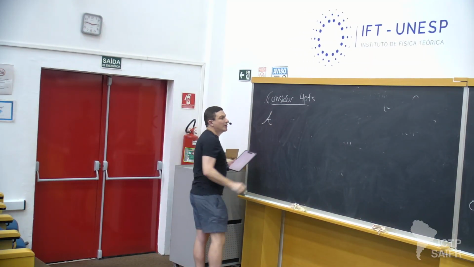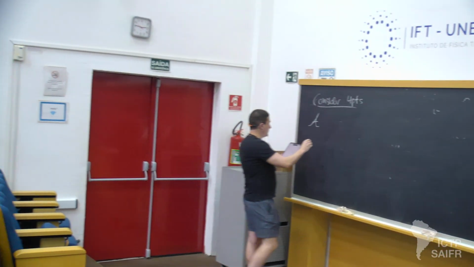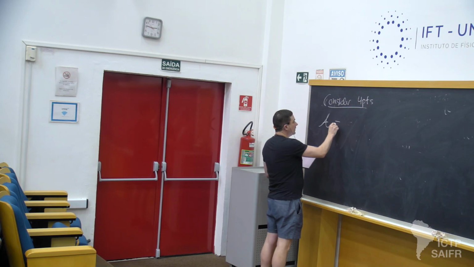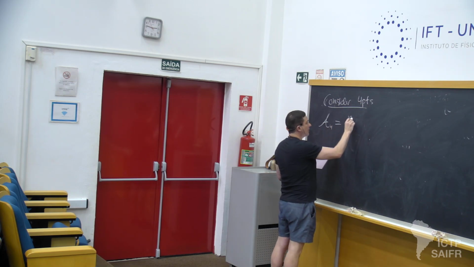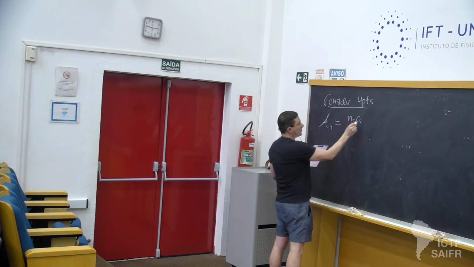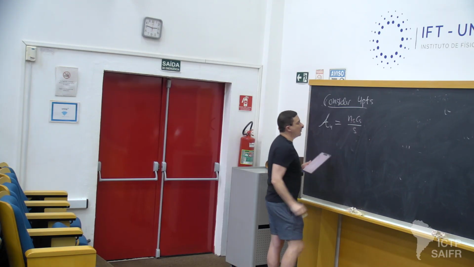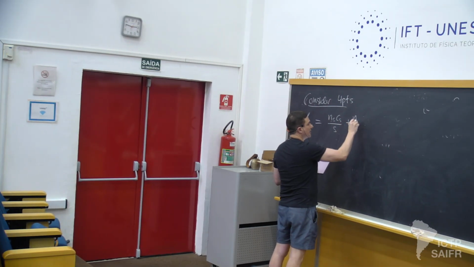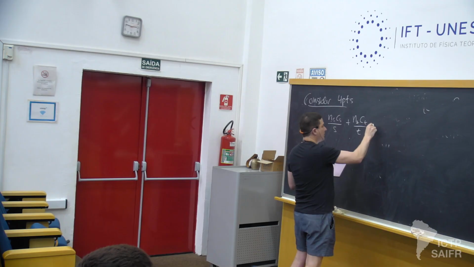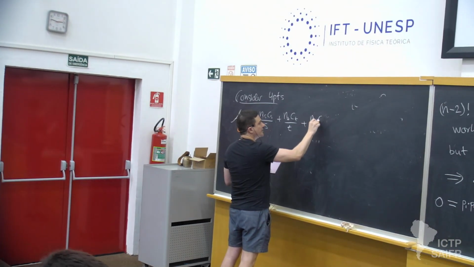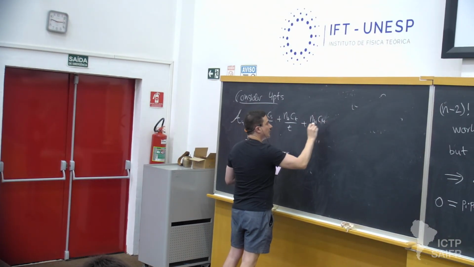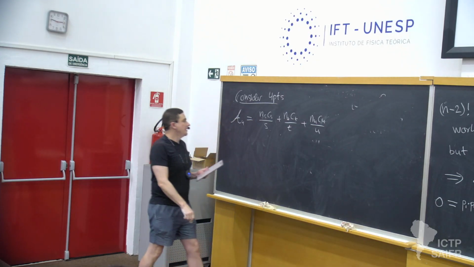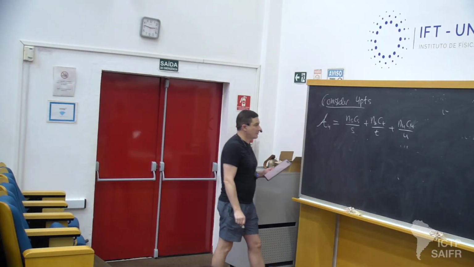So here we have our color-dressed full amplitude at 4 point. And we can write it now as a sum over some S-channel numerator, S-channel color factor, and then the pole term, which is 1 over S. And then likewise, NT CT over the T channel plus NU CU over the U channel. So that's roughly how we write down our amplitude.